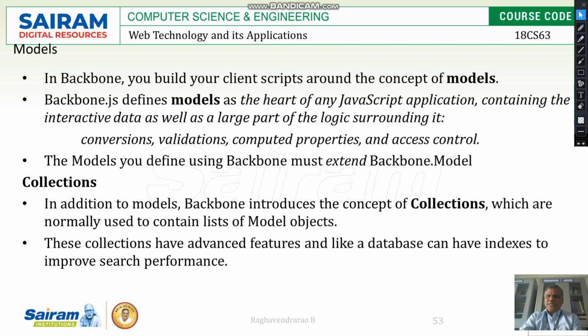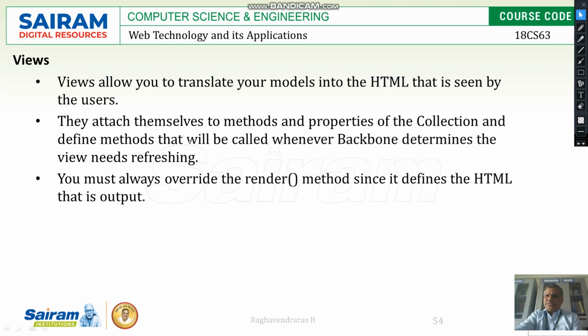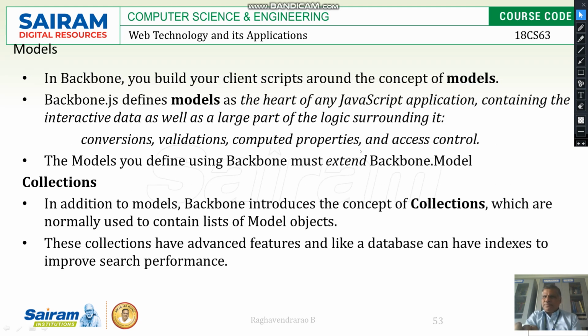Those models contain the interactive data as well as the logic part of that application, because we will do the following operations: conversations, validations, computed properties, access controls. All these things are gathered for one application, one module.